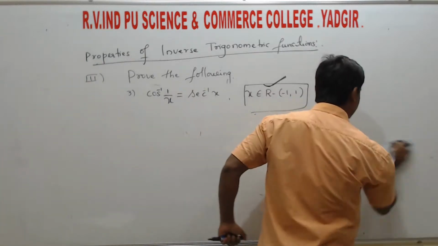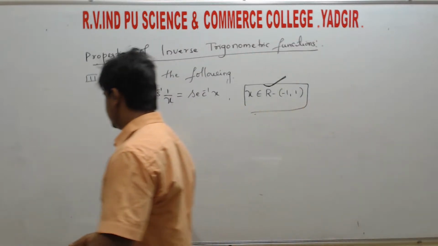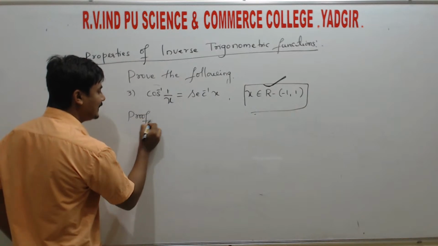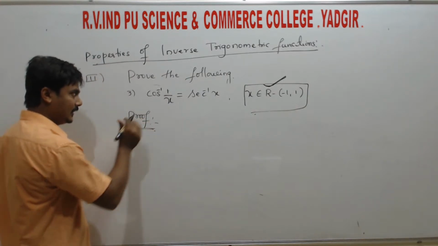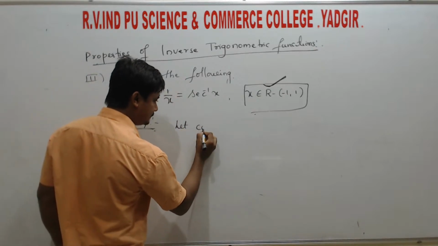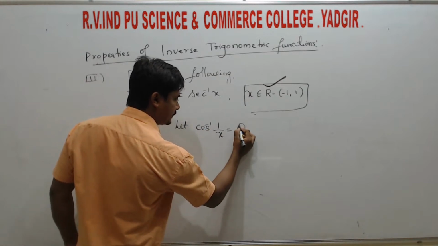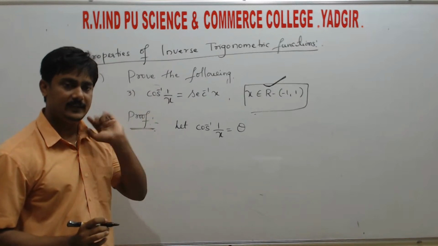Shall we prove it in the same way as the first two? Dear students, we are already familiar with the procedure. We will take cos inverse of 1 by x as theta. So cos inverse of 1 by x is equal to theta.